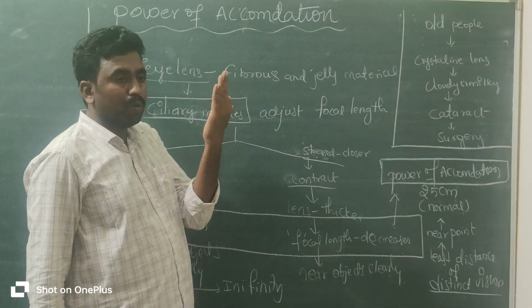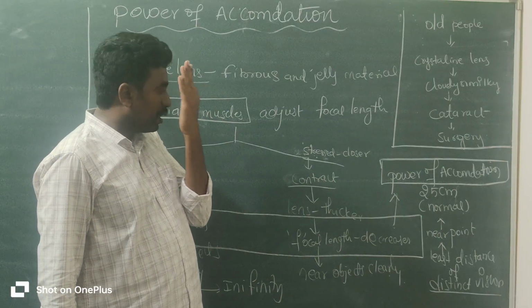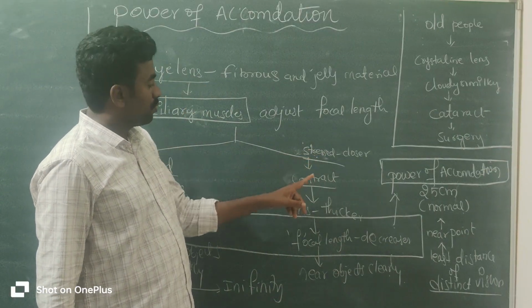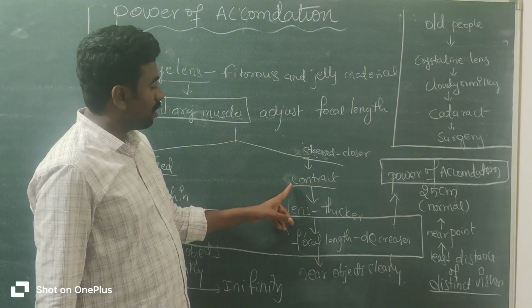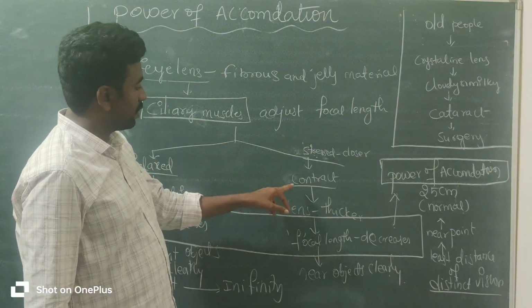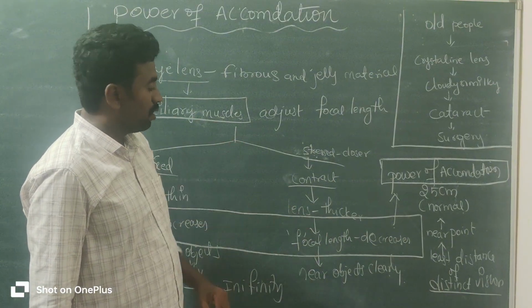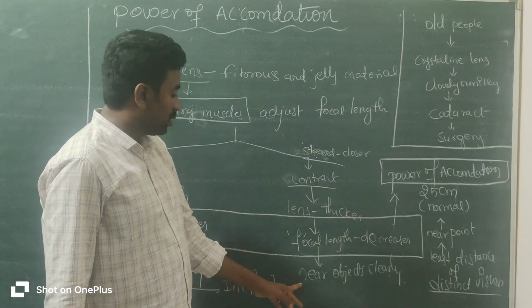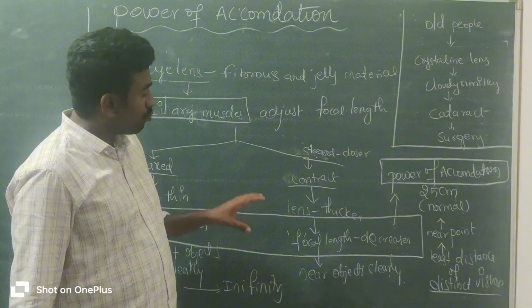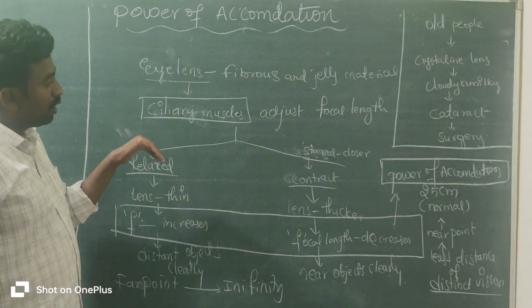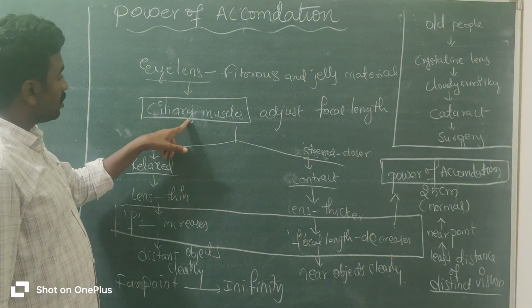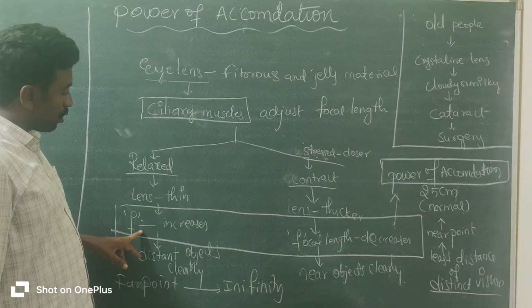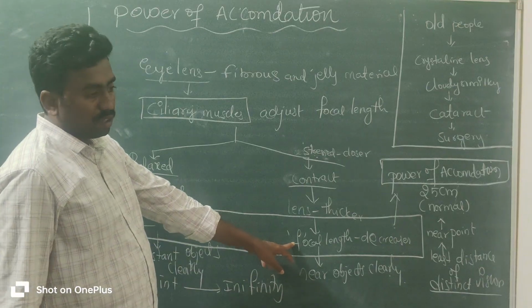When you bring a book very close to the eye, the ciliary muscles contract. When ciliary muscles contract, the lens becomes thicker. When the lens becomes thicker, the focal length decreases. You can see near objects clearly. So in this entire scenario, the ciliary muscles are increasing and decreasing the focal length.